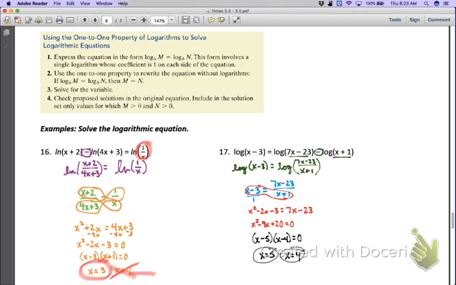Or is everything good? In this case, you have two answers that work. Okay? 5 minus 3 is still positive. 5 times 7 minus 23 is still positive. 5 plus the 1 is positive. Same way whenever I go back through with the positive 4. There's not a negative in my of statement, so everything's going to work out just fine. Okay, there's no issues here.